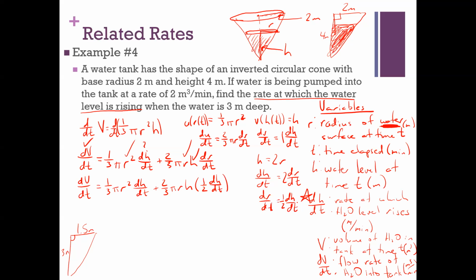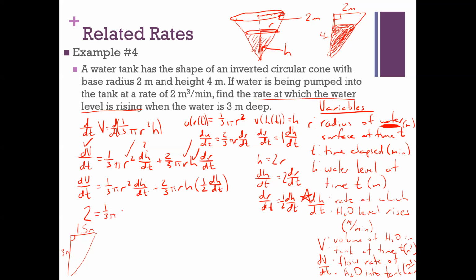To get what we asked for, I want to make sure everyone's written down the things they want to write down, and you've gotten all your questions answered. All right, so dV/dt is going to be equal to 2, correct?